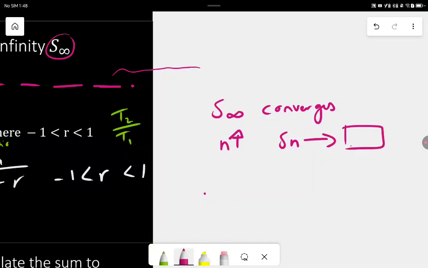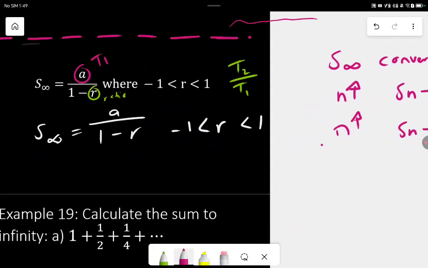Another scenario is that as n increases for each term that we add on, the S of n can go towards infinity. So this would be a specific number where it stops, but it never touches, or it can go bigger and bigger and never stops. I'm going to do a separate video on this portion just to explain it again.